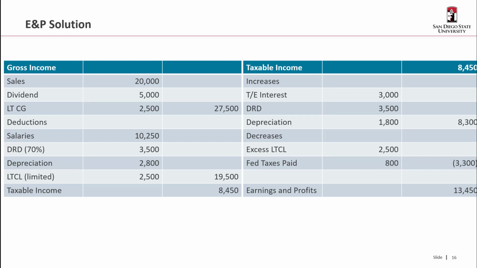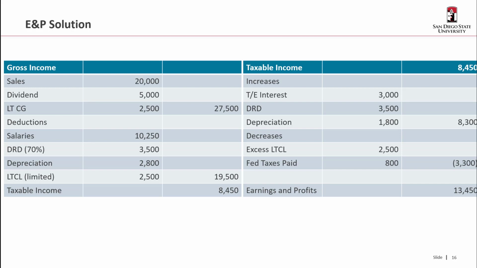Now we need to reconcile 84.50 to E&P. So we add back, or add in tax-exempt interest. We add back the DRD that we took. So in this case, even though it's the wrong percentage, it doesn't matter. We then add back the accelerated part of the depreciation so that we get to that increase.